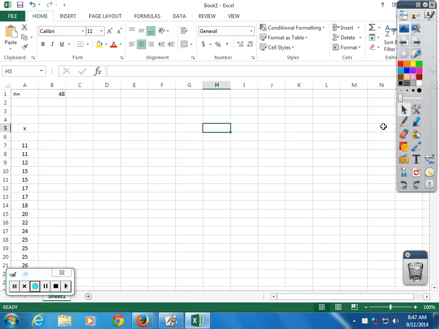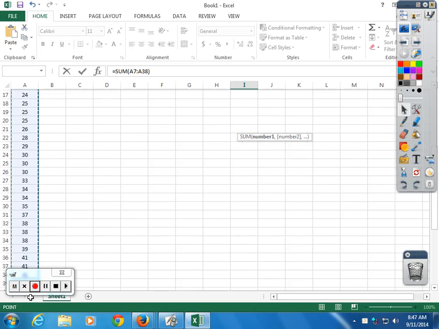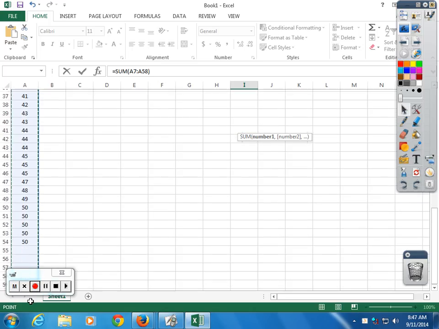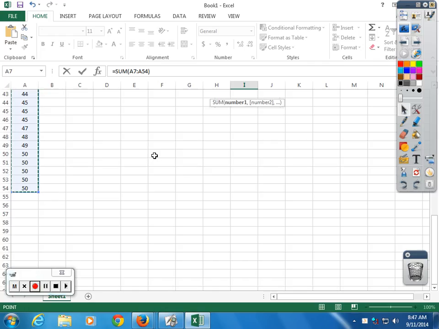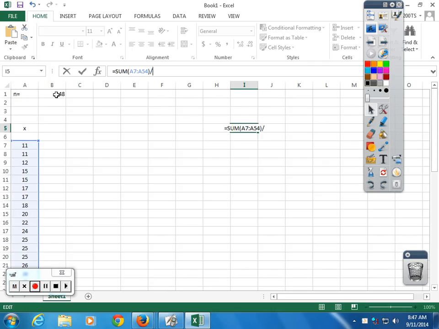X bar is equal to, and I'm going to do the summation, and I'm going to add all these up, and divide by what? N, Hubert. That's right, class. And there's my mean.